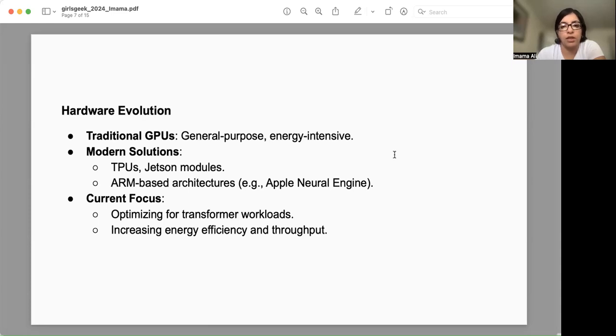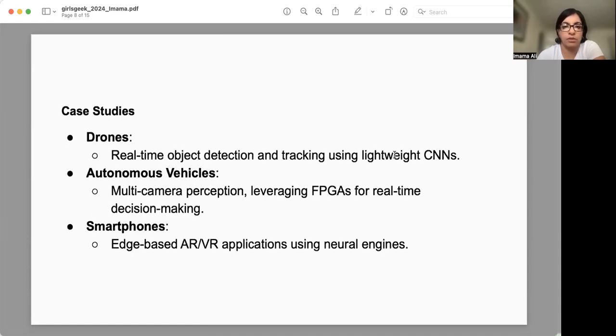People are also using customized ASICs and FPGAs to deploy the transformer networks. Currently, people are developing and optimizing hardware for transformer workloads, and also focused on the energy efficiency and the throughput for these hardwares.